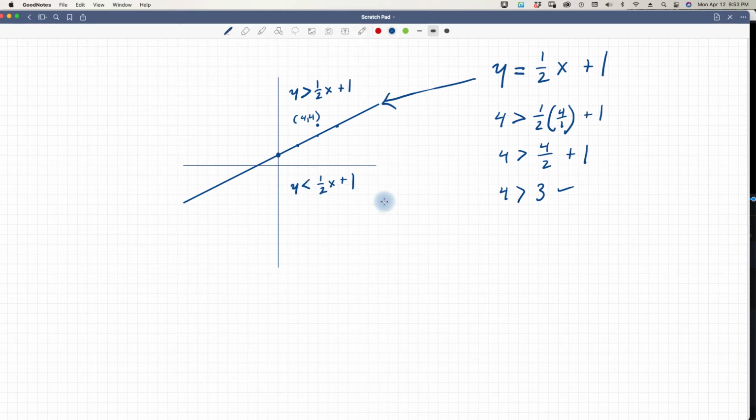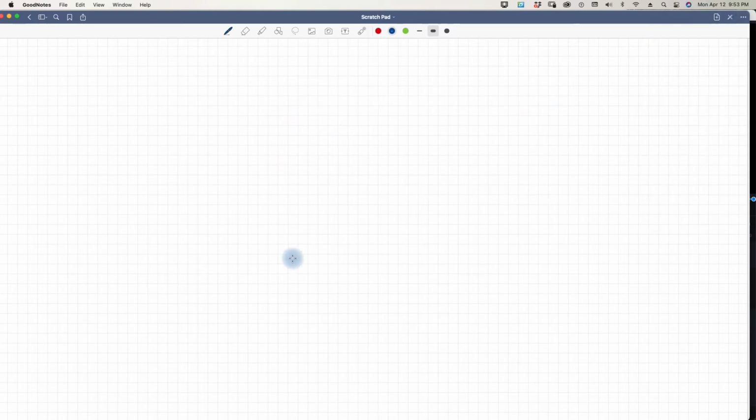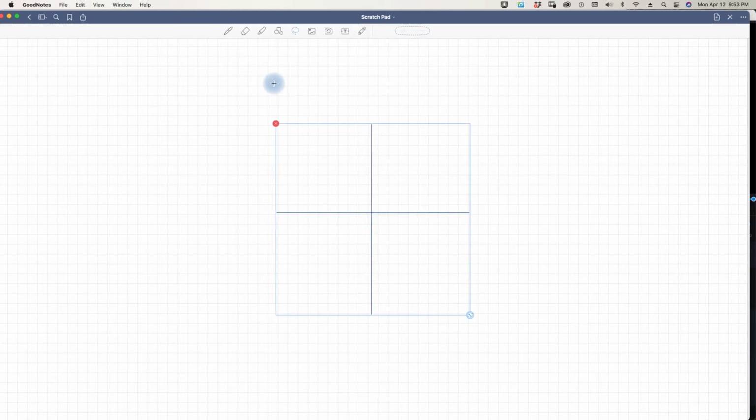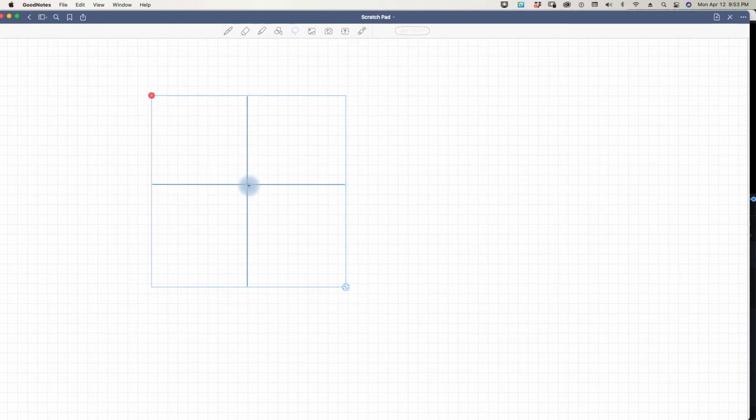Let's jump into 115.1. So let me clear the page. So here we go. I did this earlier so that I would have these and I don't have to draw them every time. All right, so let me get my pen back.